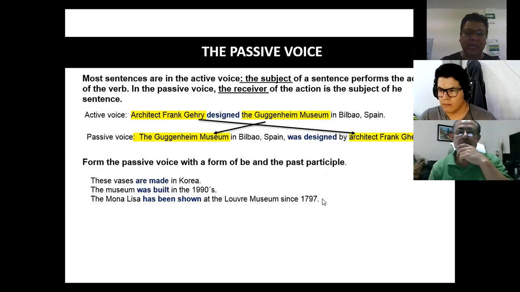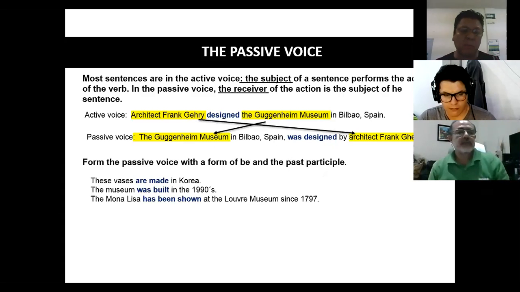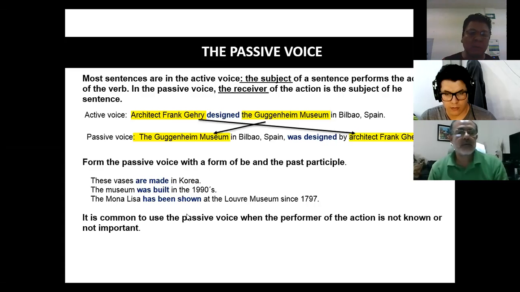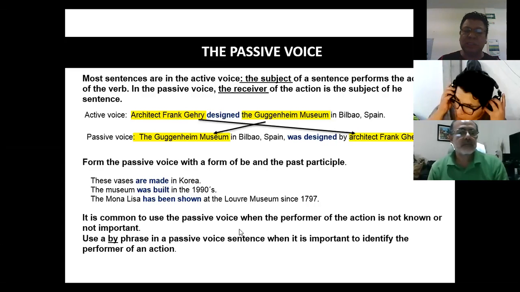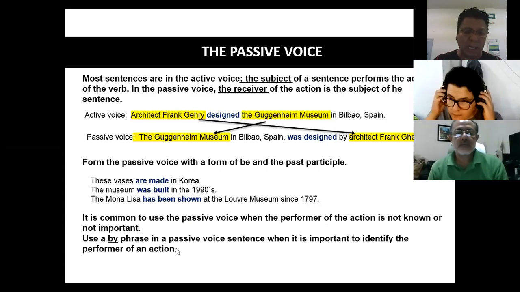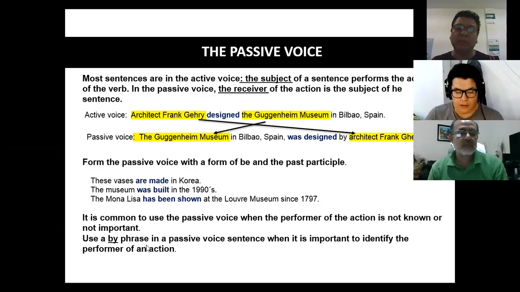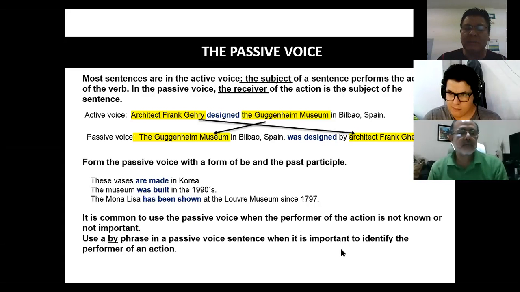Así lo vimos el día de ayer y tuvimos algunos ejemplos con el passive voice. Vimos que era forma del be: are made, was built, has been shown, diferentes formas del verbo to be. But it's common to use the passive voice with a by phrase, dijimos que vamos a usar el by cuando fuera importante, when it was important to identify the performer of an action.